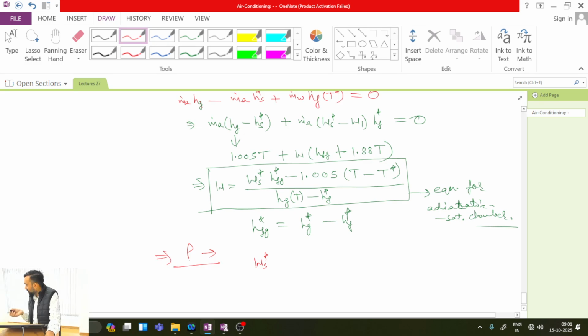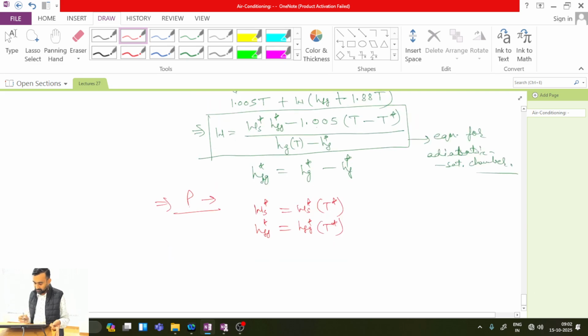One is pressure, which is fixed. The other will be nothing but T star. Then simply Hfg star, the latent heat of vaporization, again requires two properties: one is pressure and the other is T star. Similarly, Hf star will also be available at T star.